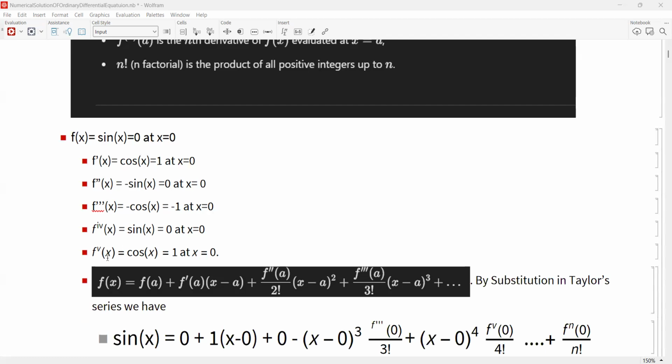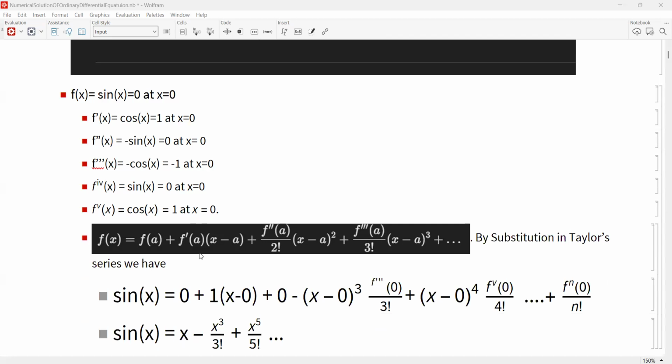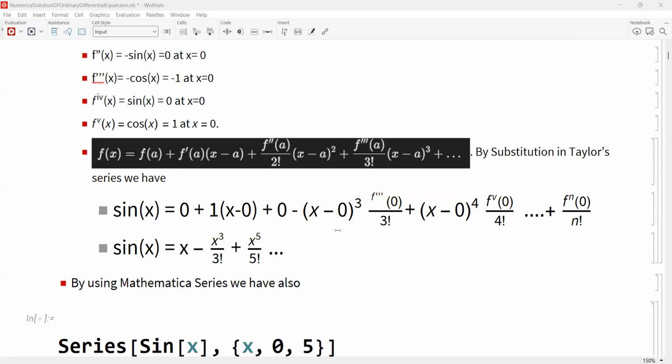Then we have the fifth derivative, which is cosine of x, equal to 1 at x equal to 0. So by substitution in the Taylor series, we substitute these equations here in the Taylor series.